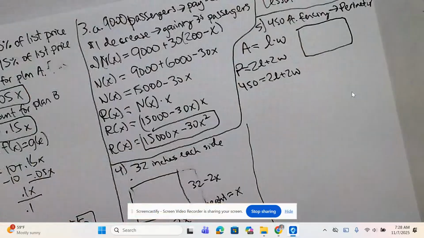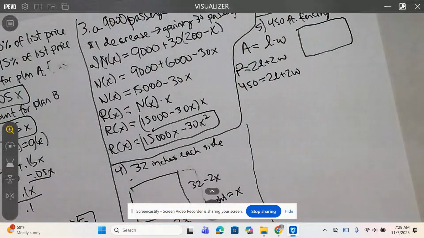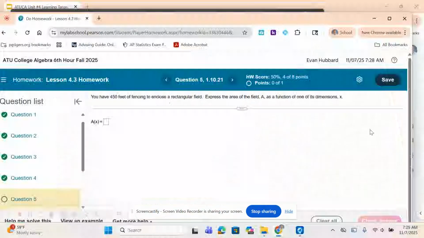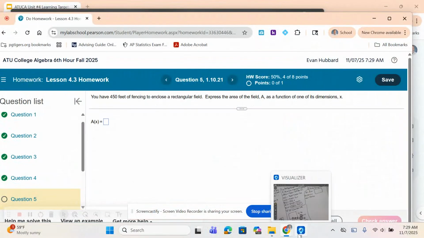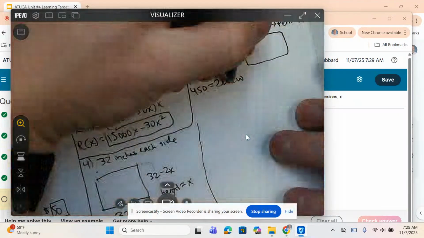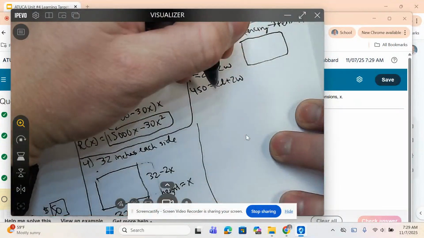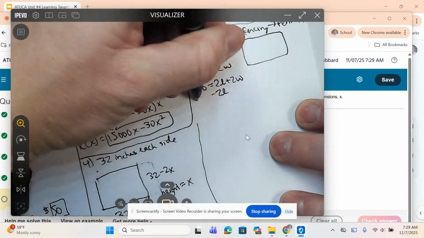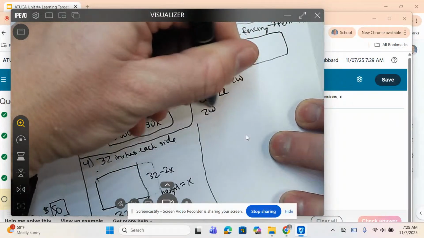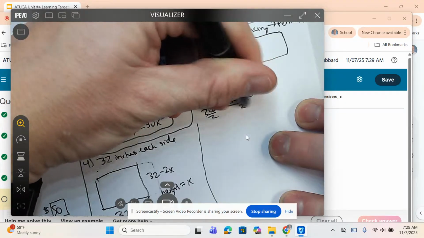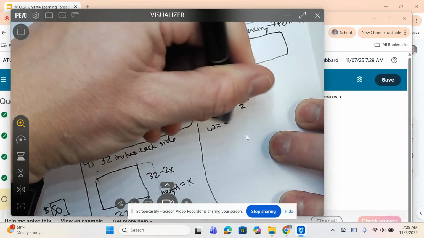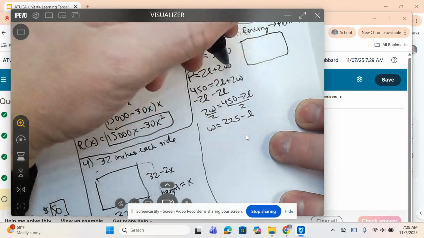On this one, we're going to have to solve for one of these variables because we have two. So let me solve for the width here. To solve for the width, I'm going to subtract 2L: 2W equals 450 minus 2L, divide by 2, W equals 225 minus L.